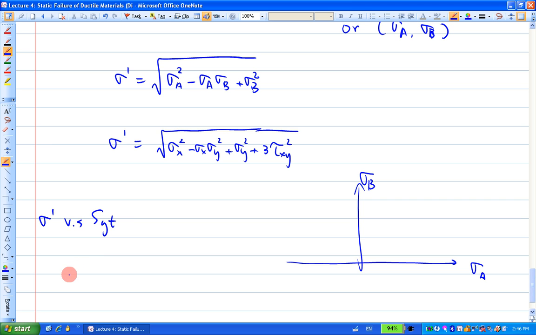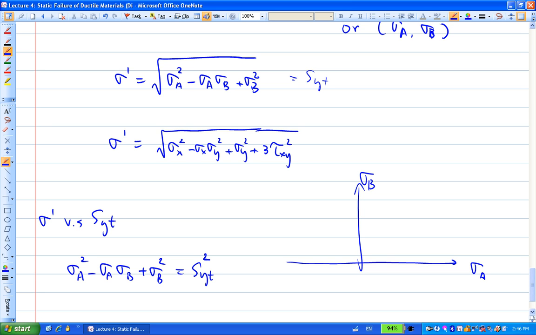So if you let this equal SYT, then this chunk equals SYT squared, right?